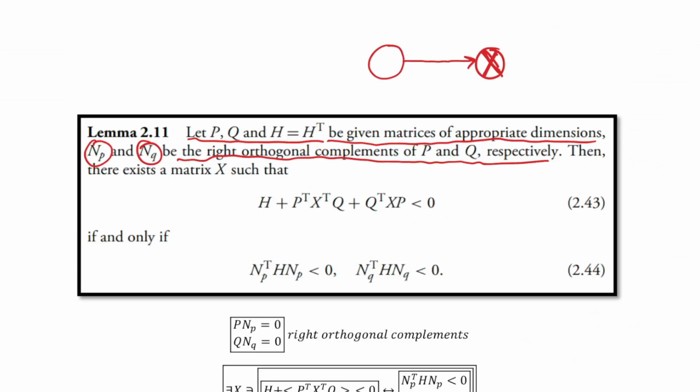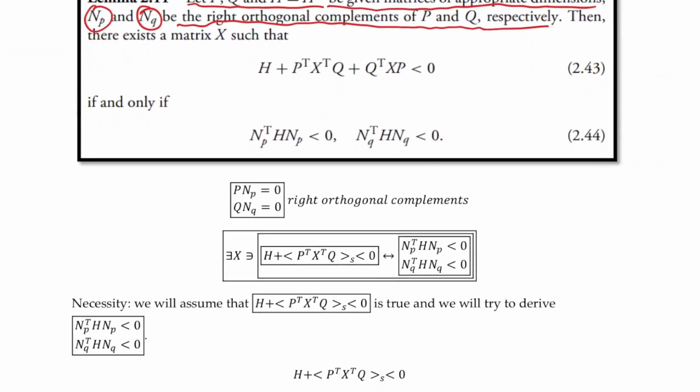In that case, this condition is known as a sufficient condition. And if the condition that we want to prove implies the other condition, that condition is known as a necessary condition. I just wanted to restate that. So let's talk about what the terminology right orthogonal complement means.